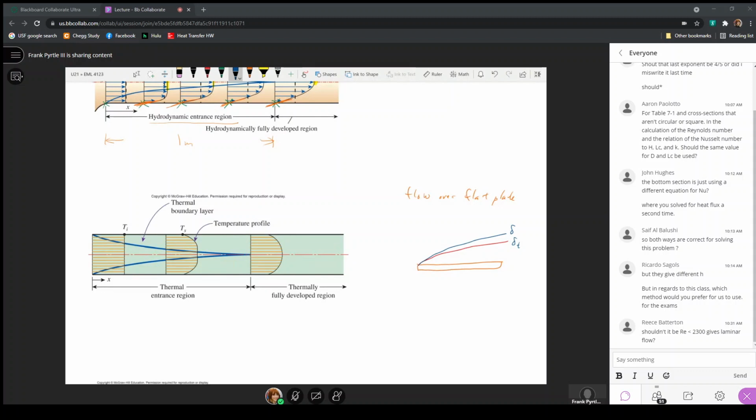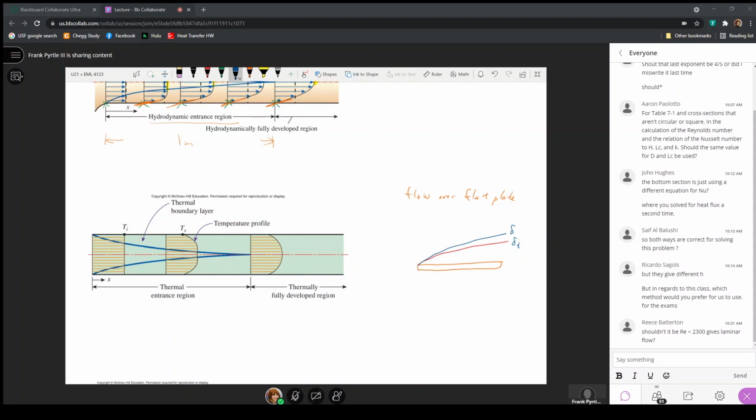In the thermal boundary layer, outside the red line, the temperature is everywhere uniform, and the temperature of the molecules right next to the surface have the same temperature as the surface. So inside the thermal boundary layers is where we have all the temperature gradients.